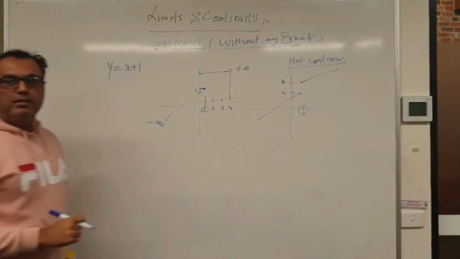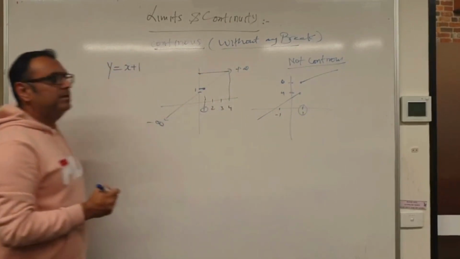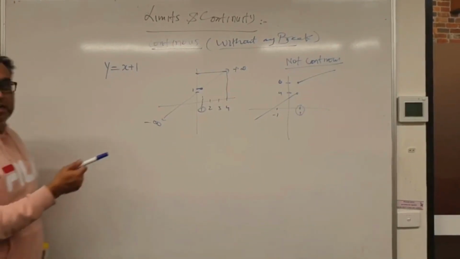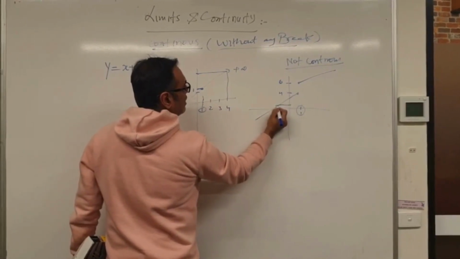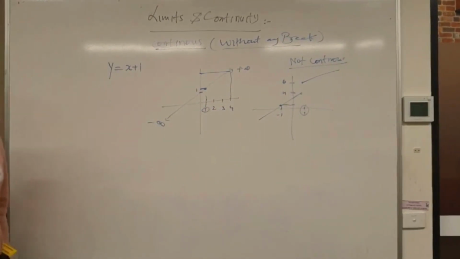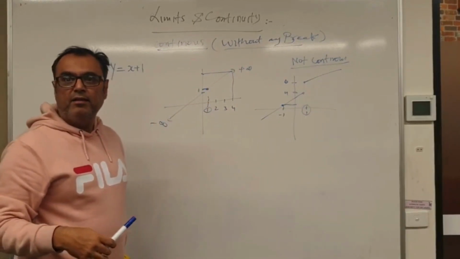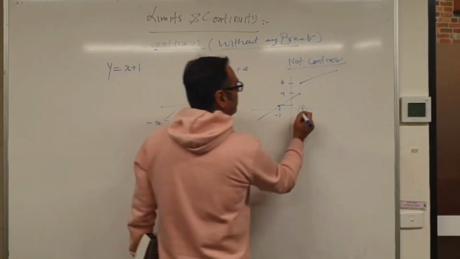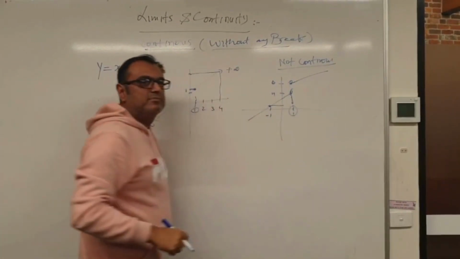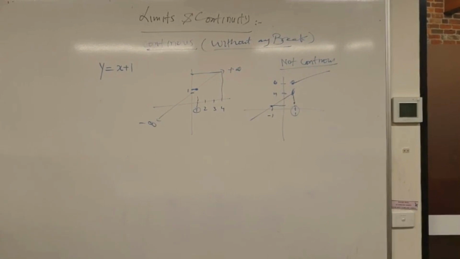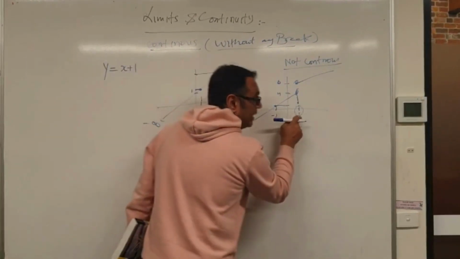Here, is the second graph continuous at, let's say, negative 1? You can say yes, that's the value of y. Is this graph continuous at 1? That's the problem. When I draw, I get two values. And I say no, this graph is not continuous at 1.